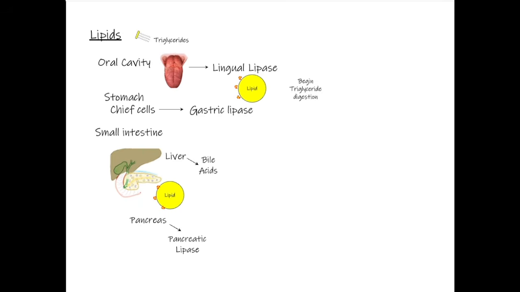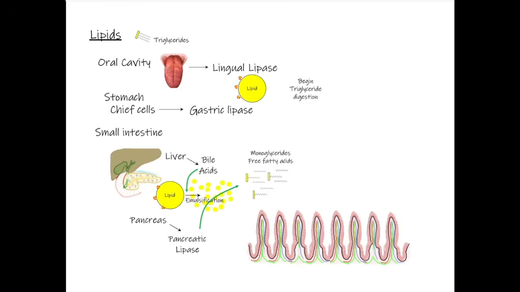Because bile acids are amphipathic, they help emulsify large fat droplets into much smaller droplets and help keep these dispersed. This process is called emulsification. Emulsification greatly increases the surface area available for pancreatic lipase and therefore enhances the chemical digestion of triglycerides into monoglycerides and free fatty acids. This is all occurring within the small intestine.